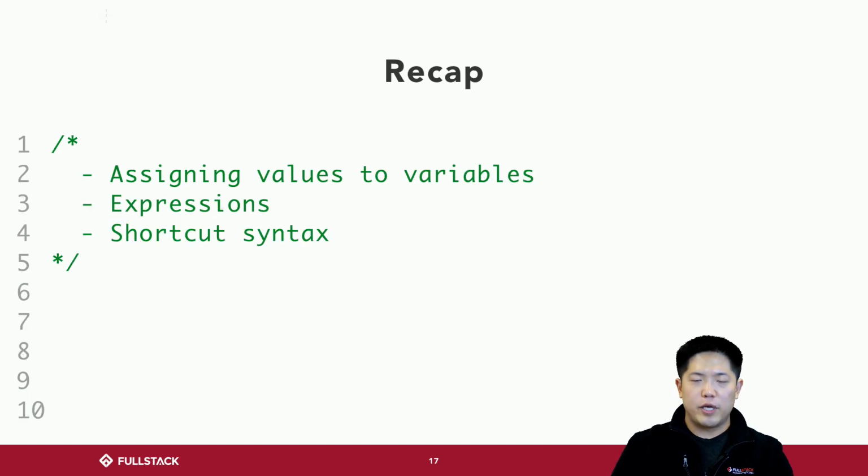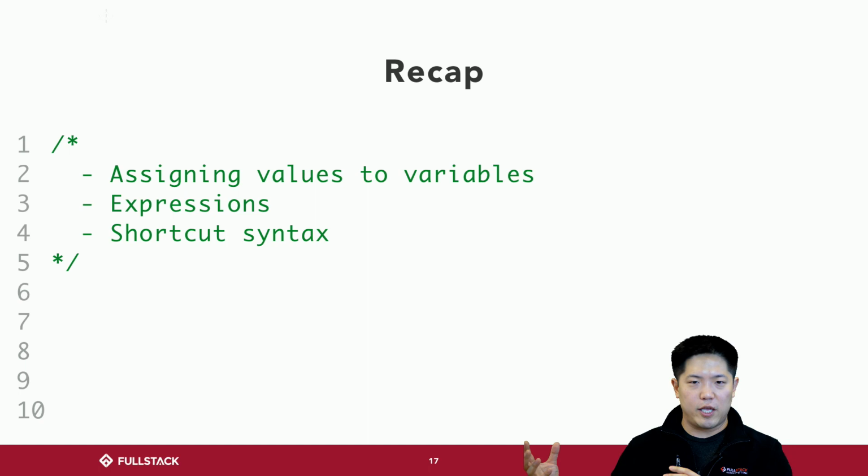All right. To do a recap, we talked about assigning values to variables, how we create variables using either let or const. The only difference is that const variables can't be reassigned, right? Whatever you assign them at creation is what they are. And we can reassign values to let variables as much as we want. Now, what can we assign to variables? And that's what we call expressions.